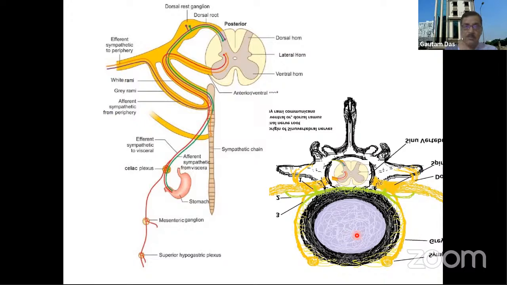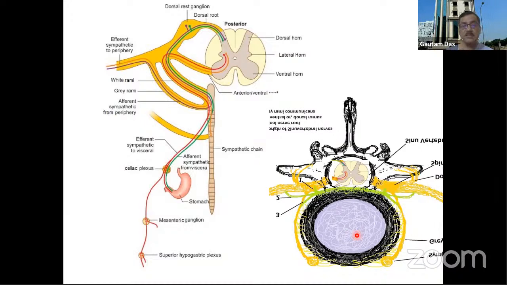Remember that disc degeneration always starts from the inner layers of the annulus. Why? Because the outer layer has abundant nutrients and oxygen, so it is very unlikely to degenerate. The inner layers have no blood supply, because only the outer one third has blood supply. That is why the inner layers degenerate.